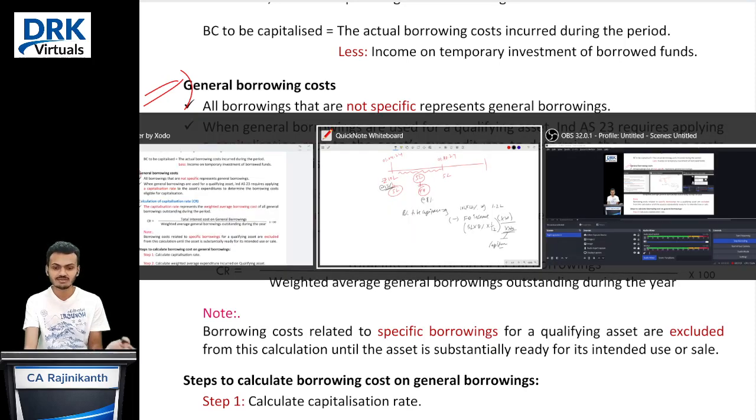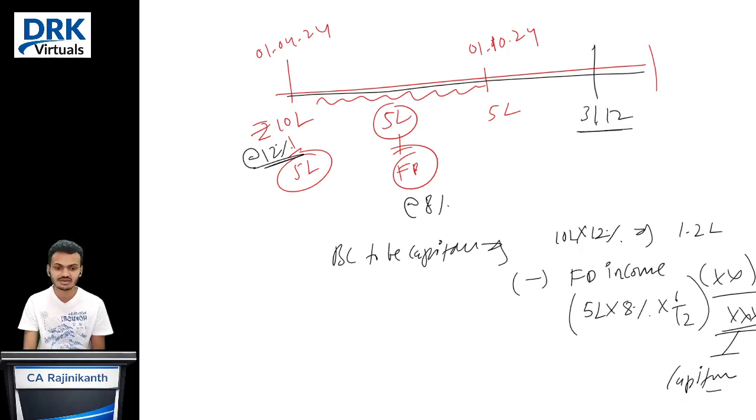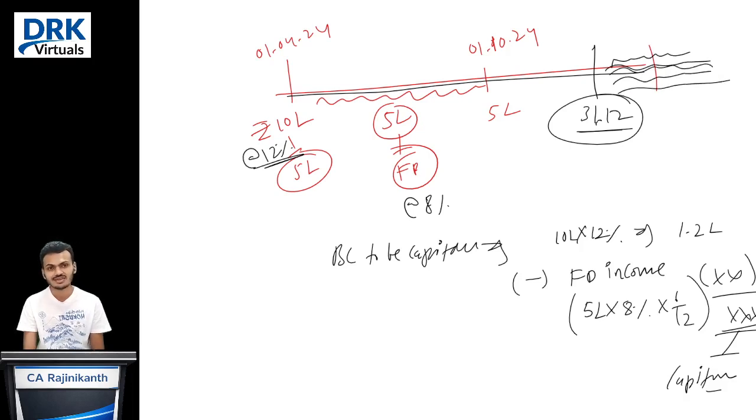Before going to that, let me tell you one thing. For suppose, in this example, our construction is completed on 31st December. This specific borrowing is still outstanding after construction.